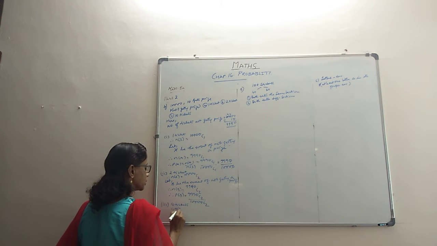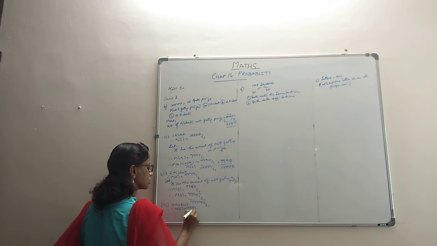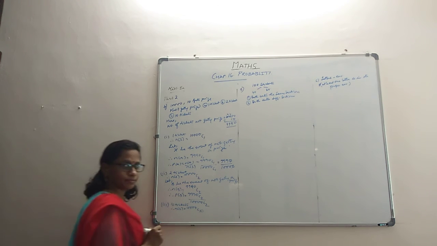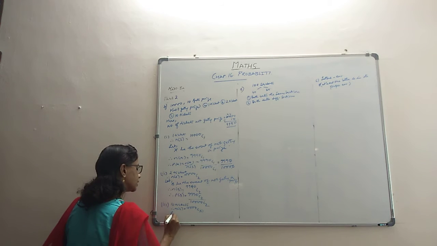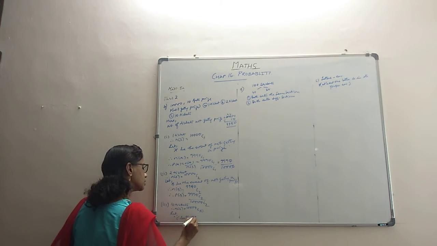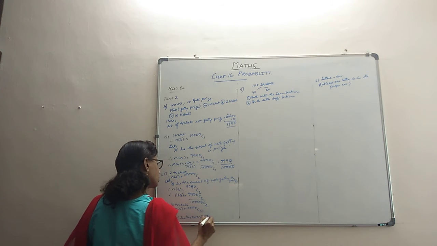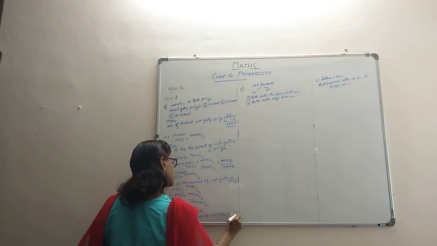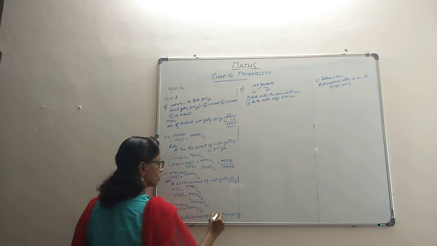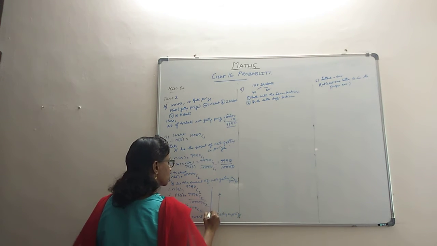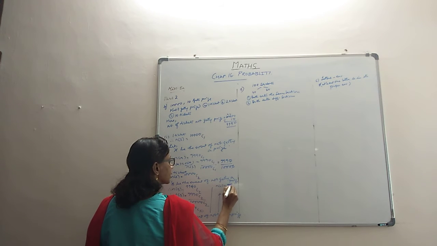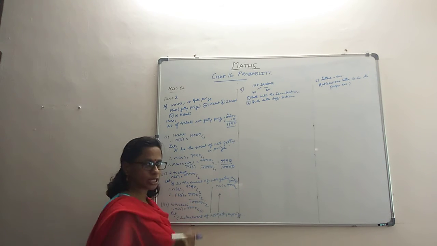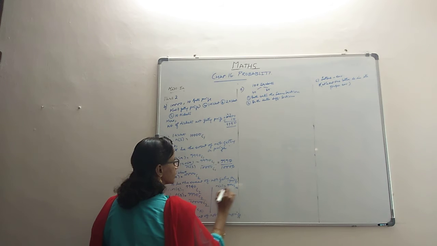Same way we do the third part where we have 10 tickets. Here n of S will be 10,000C10. Let C be the event of not getting a prize. n of C is going to be 9990C10.